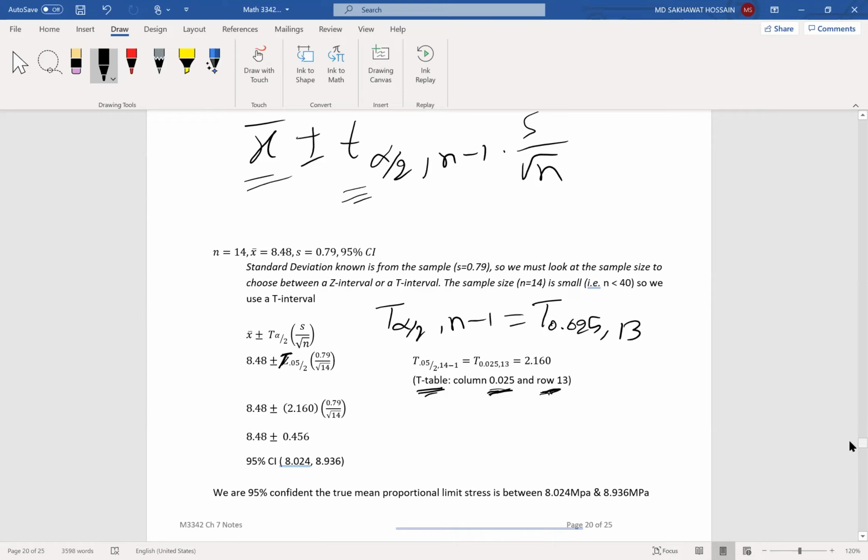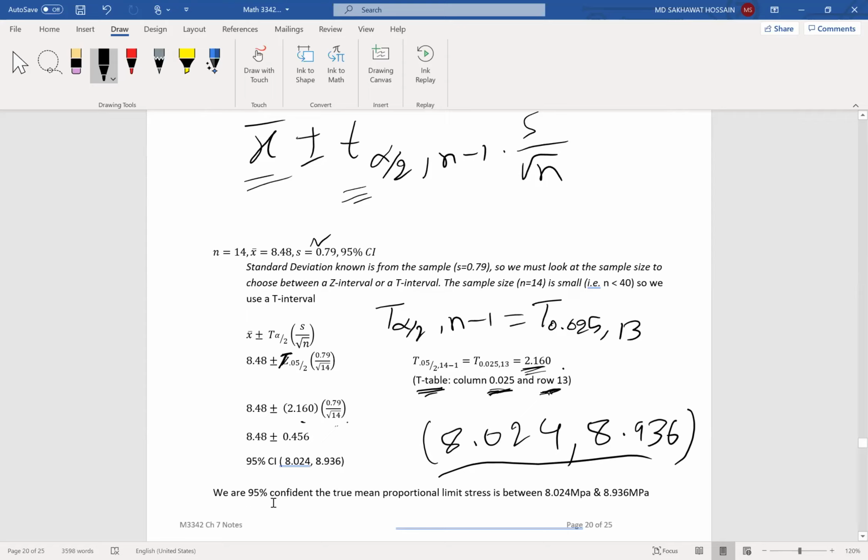The T value is 2.160. Plug in this number here, S is 0.79, and sample size is 14, so 0.79 over square root of 14. If you simplify, the lower limit is 8.024 and the upper limit is 8.936. So this is the confidence interval.